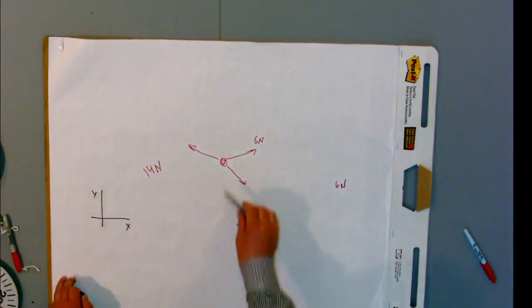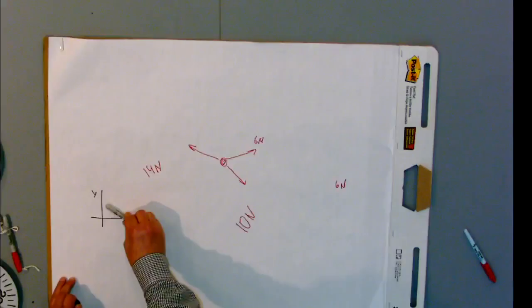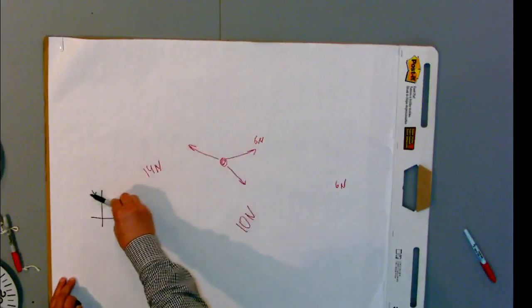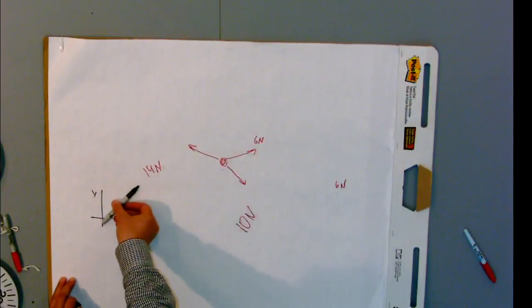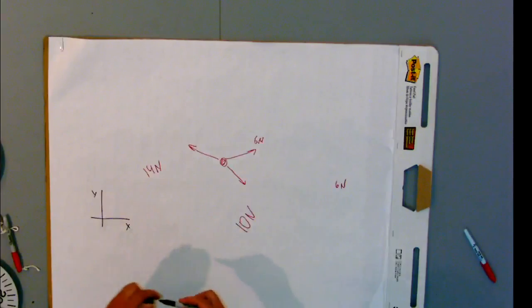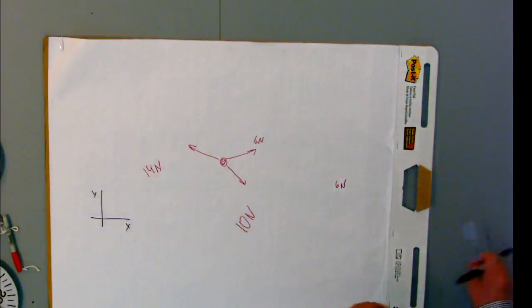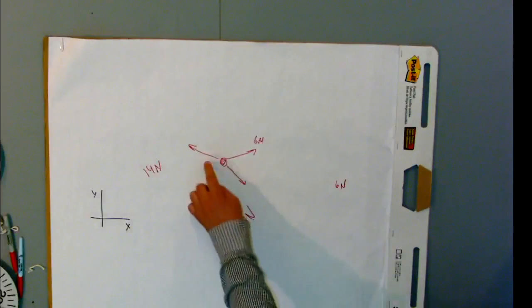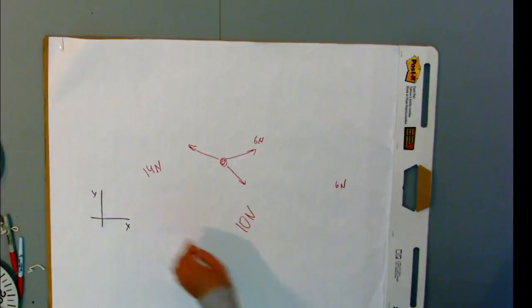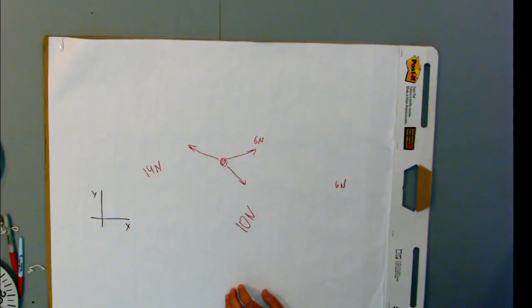In this case, the first arrow would have two components, the second arrow would have two components, and the third arrow would have two components. So you would have to use 6 components. The easiest way to make your life simpler is to choose one of the forces as one of the axes. Which one? Doesn't matter, of course.